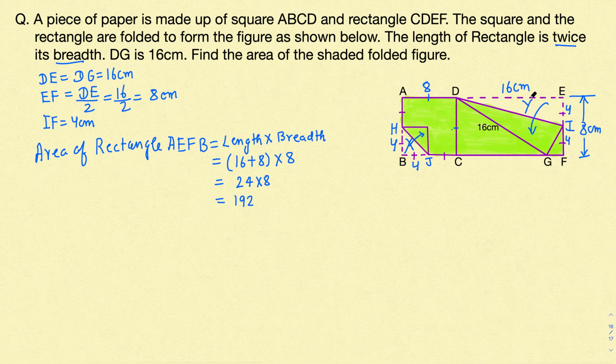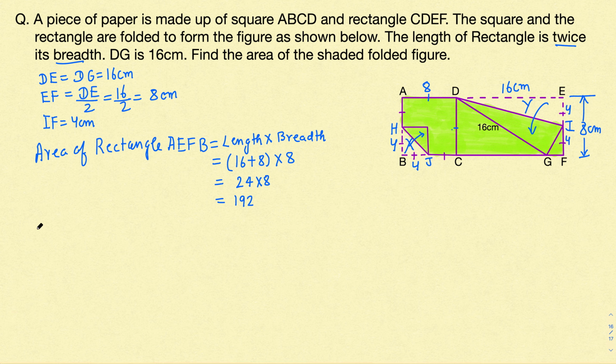Now we have to get rid of the area of this Y and the area of this X, these two triangles. Here the base and the height of X are 4 and 4, and for Y, you can take this as the base, so the base is 16 and the height is 4.